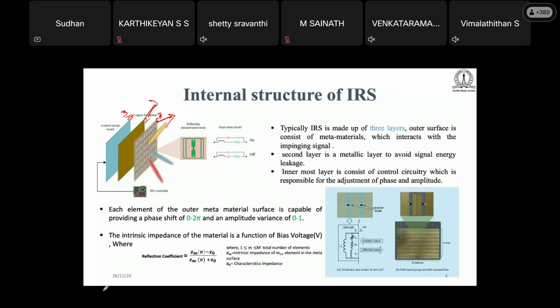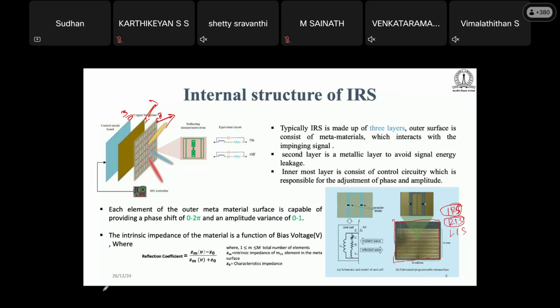So you can see that this is the whole IRS, and it also has different names. IRS we call RIS, reconfigurable intelligent surface. We call it LIS, large intelligent surface, and many more names are there. But we mainly prefer IRS and RIS.